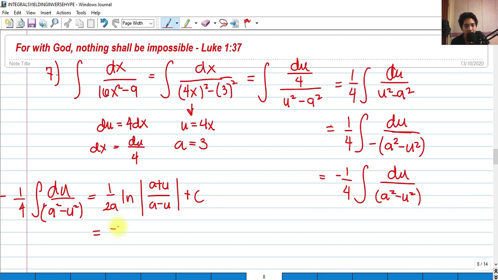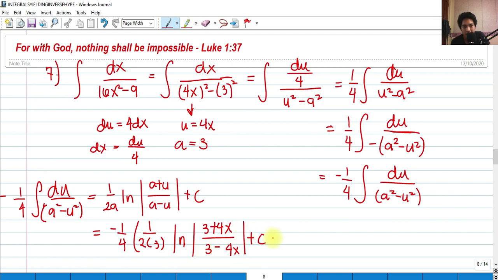So what will happen? We have negative 1 over 4 multiplied by 1 over 2 times a. The value of our a is again 3. Natural logarithm of the absolute value of a plus u. Our a plus u would be 3 plus 4x, and our a minus u would be 3 minus 4x, plus c.